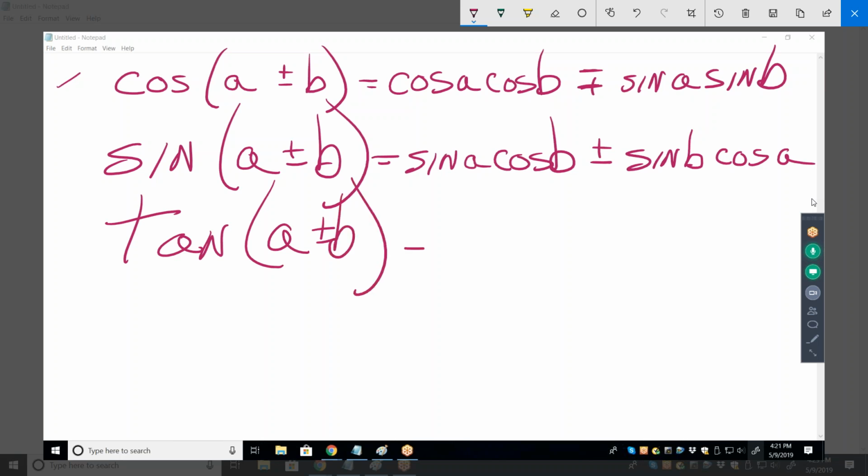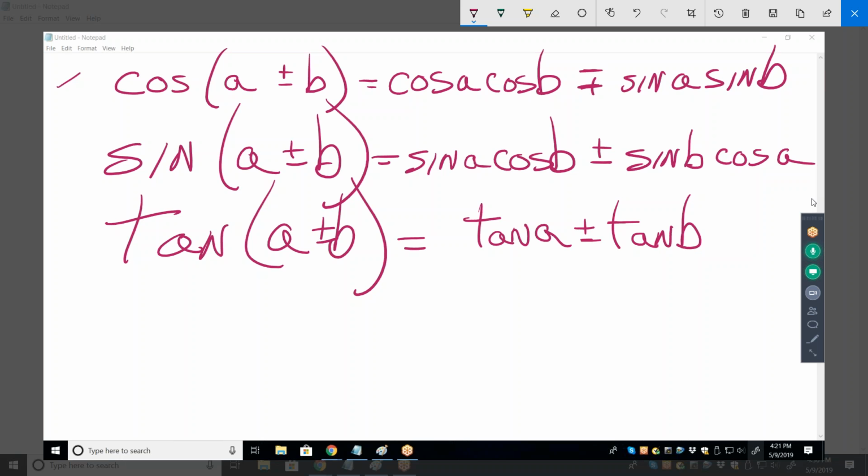Now, what's helpful to know about the tangent is that it's sine over cosine. And if you were to put row 2 over row 1, you would end up with the same sign in the numerator. In other words, it's plus or minus.